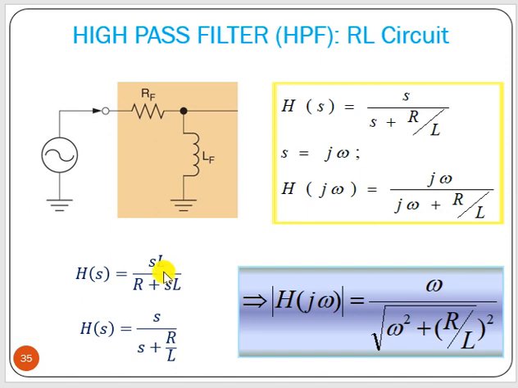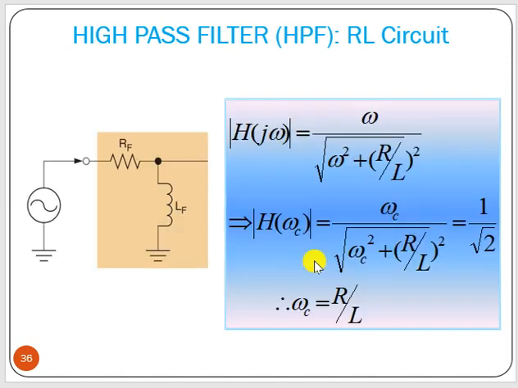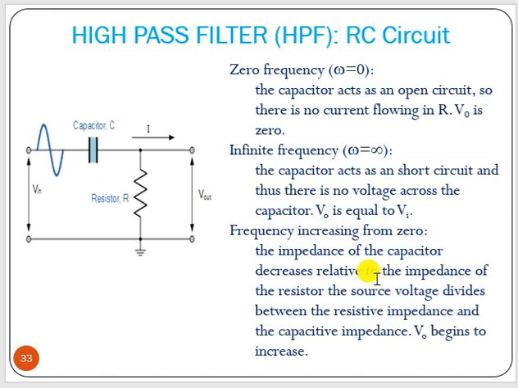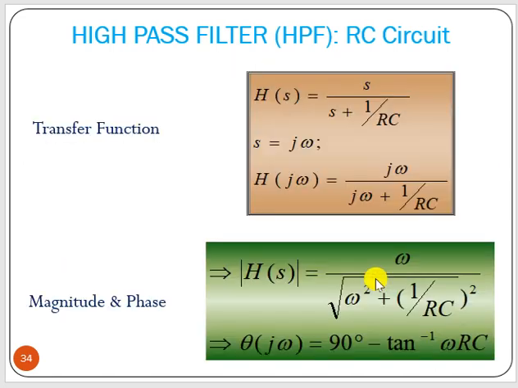So HS equal to S by S plus R by L. So you can put j omega. So magnitude will be omega by root of omega square plus R by L whole square. And we can set that equal to 1 by root 2. So we will have omega C equal to R by L. And in the previous case that is 1 by RC.